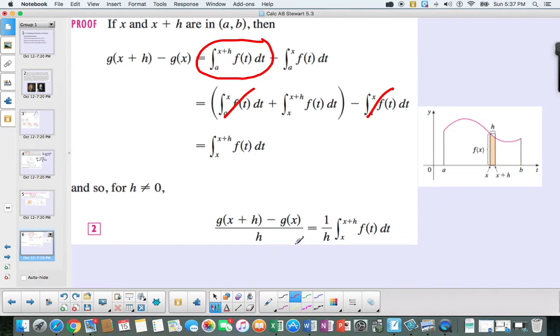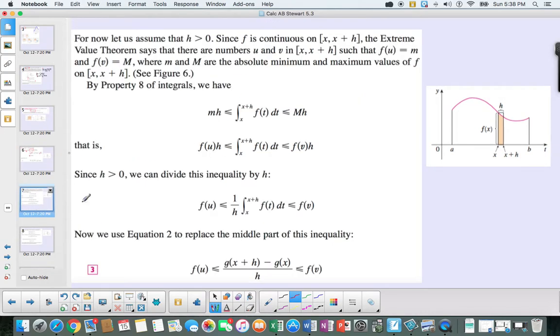If I divide both sides by h, I'm doing the same thing to both sides. Let's see what happens. This little sliver of area is going to be between a minimum value and a maximum value, where I choose the minimum value in this little interval and the maximum value in the interval.